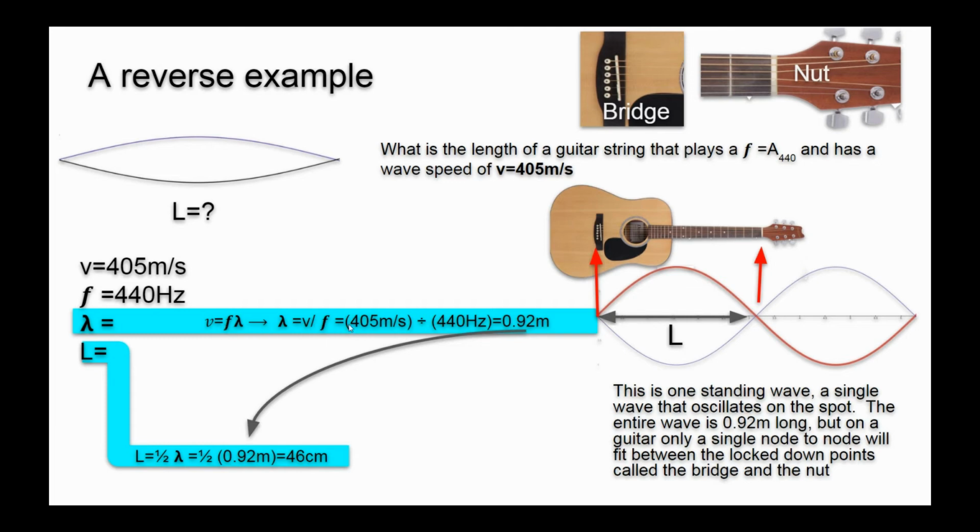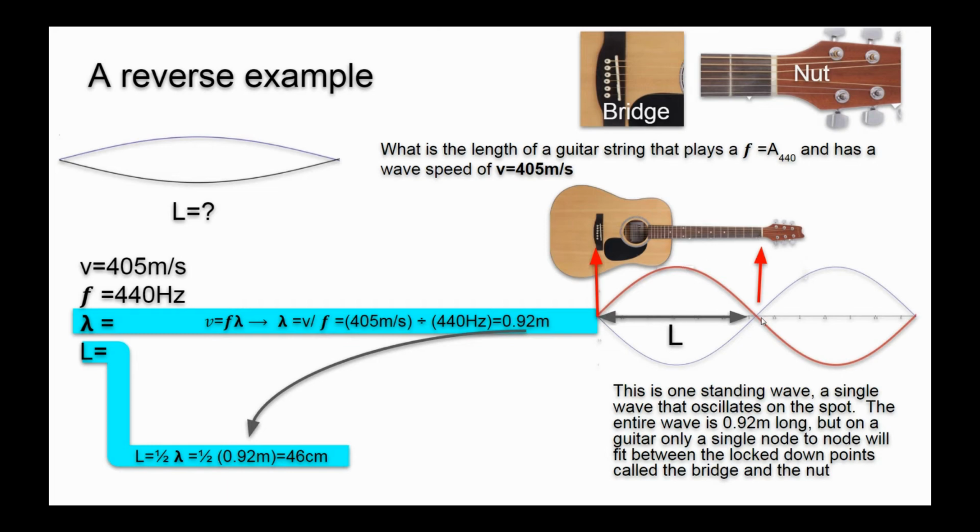Using the universal wave equation, the wavelength is 0.92 meters. Now, on a guitar string, node to node is the bridge here to the nut here, where the string is tied down at the bridge and the nut.